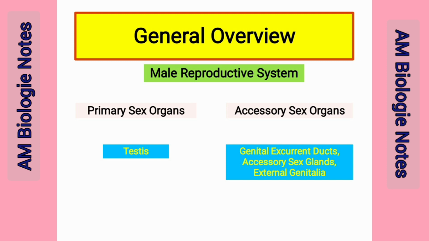General overview. The male reproductive system of humans consists of primary sex organs and accessory sex organs. The main primary sex organs include a pair of testes. Accessory sex organs include genital excurrent ducts, accessory sex glands, and external genitalia.